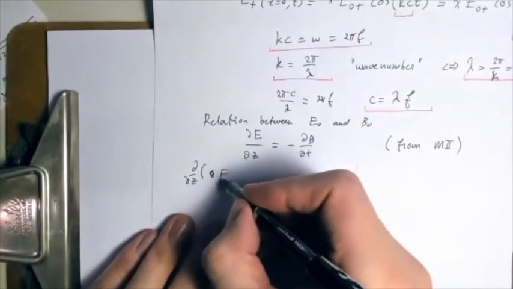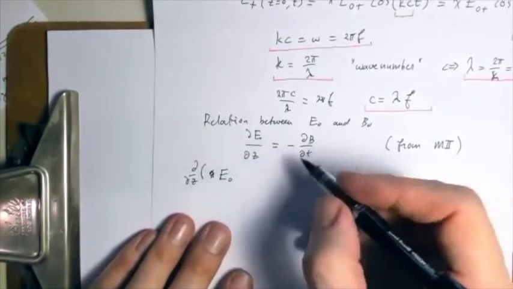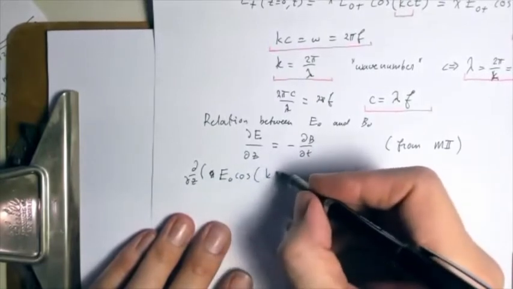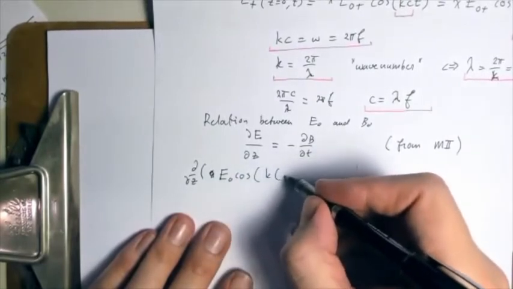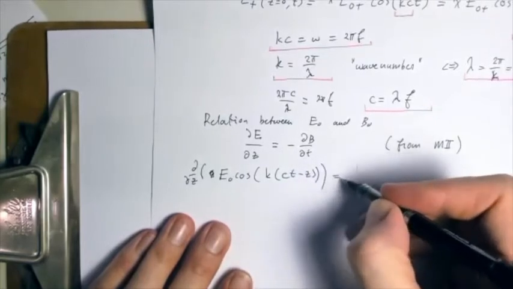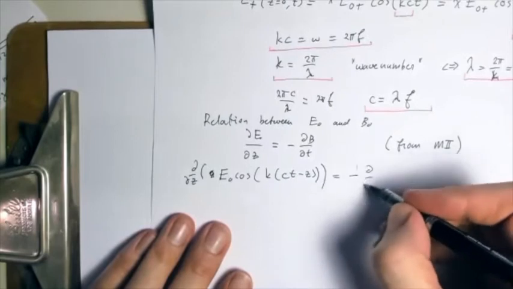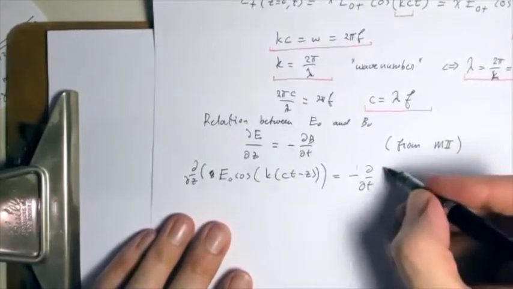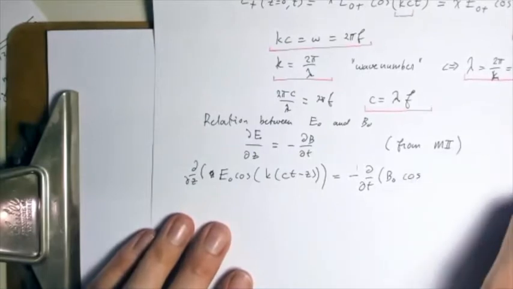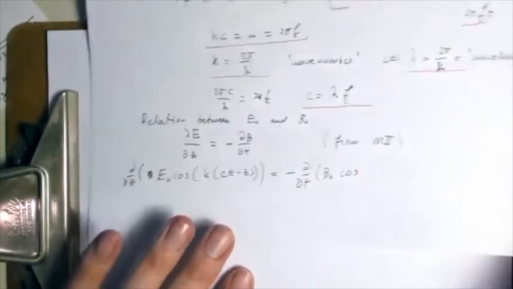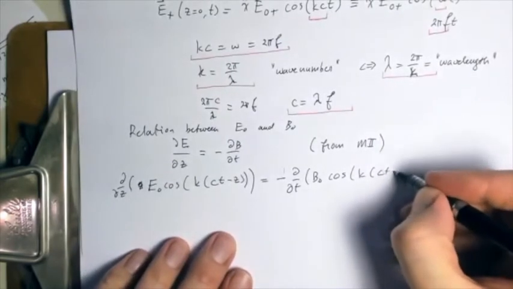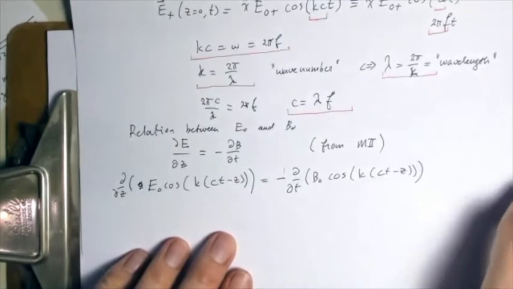So there's an E naught, and we're dropping the plus. We have a cosine k(ct minus z) equals minus d/dt of B, which is B naught cosine k(ct minus z).